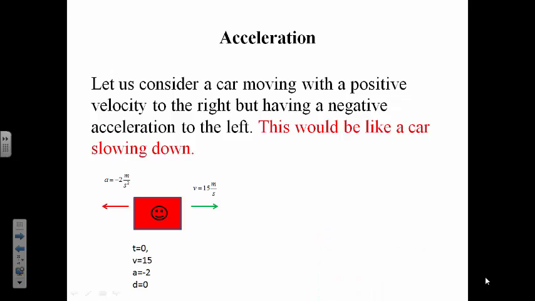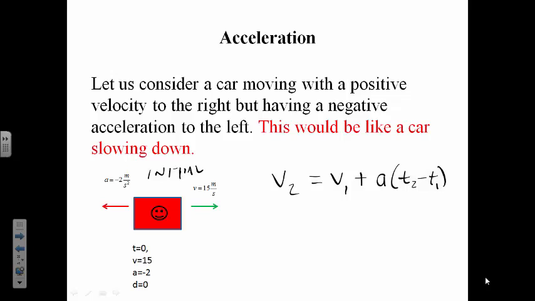So, as an example here, using V2 equals V1 plus A times T2 minus T1, let's take a look at what would happen to our car. This is our condition at point 1, when t equals 0. This is our initial condition.